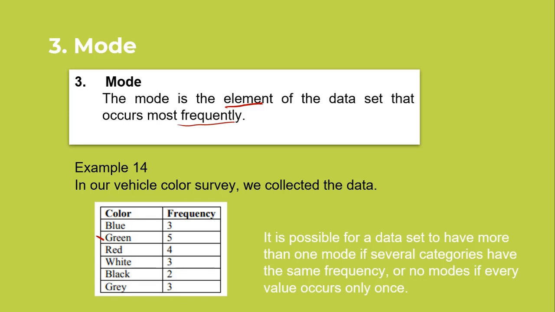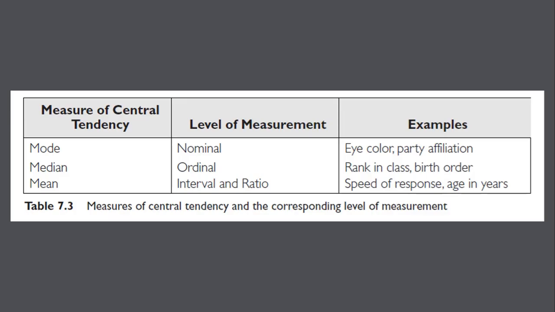Sometimes pod walay mode, or when that happens kay each of the values kay parehas. So, every value occurs only once, or lahi, dili parehas. So, occurs only once. So, 1, 2, 3, 4, 5, 6, and so on. So, wala siya nagbalik. So, wala po kay mode.